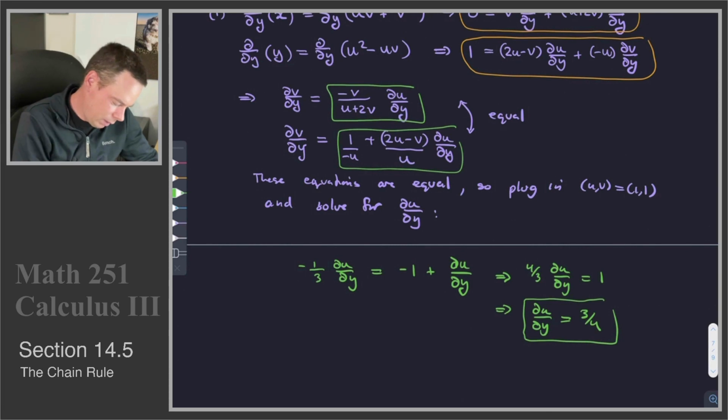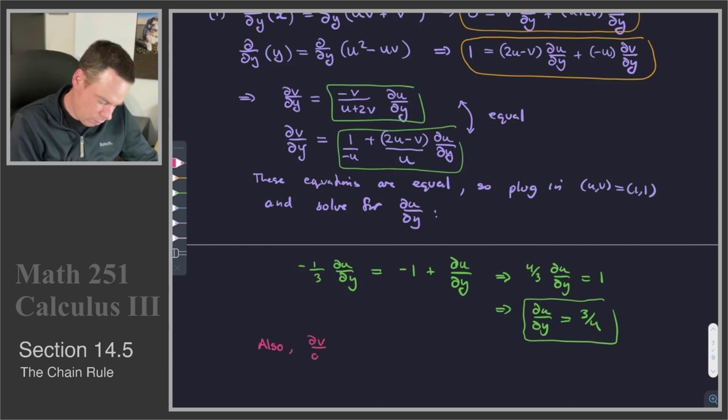And even though it wasn't asked for, we could find the other derivative also. dv/dy, what would it be? Well, dv/dy is going to be given by either one of these two equations. We got this equation or this equation.